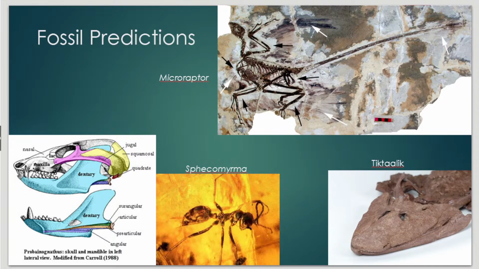Diarthrognathus was predicted if mammals are descended from, quote, reptiles. But we have Probainognathus. Diarthrognathus and Probainognathus are in the same group, the tritheledontids. Basically, you have a bunch of bones in your jaw if you're an early reptile, and then for mammals, these other bones shifted up to become the inner ear, and the dentary became the only lower jawbone.